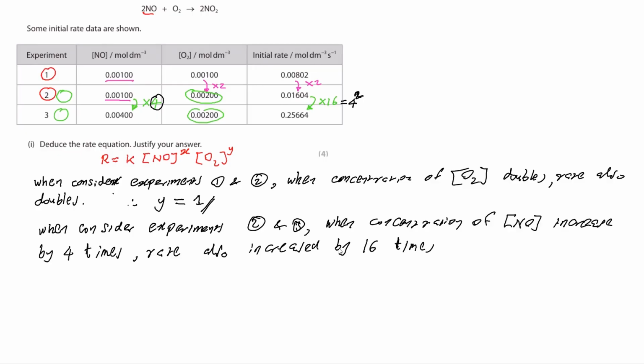Rate increased by 16 times. We can show it as 4 to the power 2. Therefore, we can say that x equals 2, right?